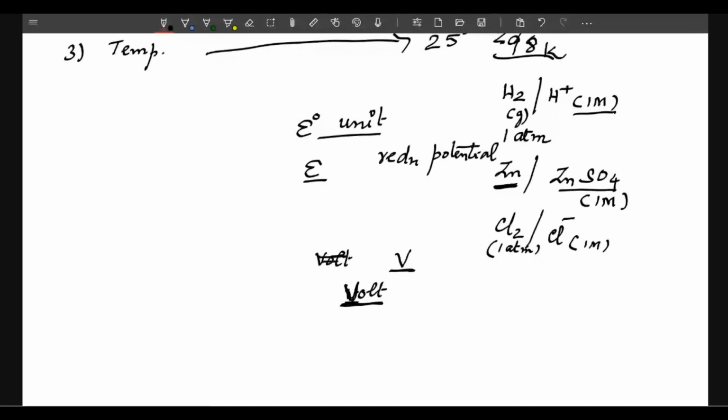What is the relationship between the volt and the joule? There is a definition for the volt.